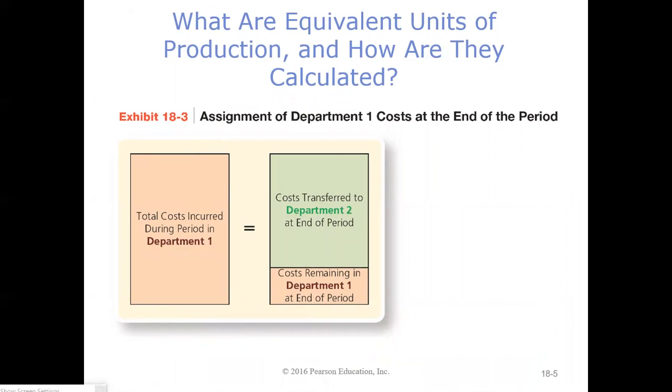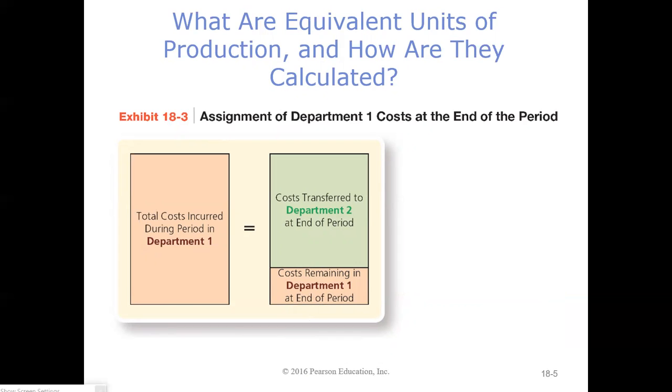This wins the obvious award, but the total costs that you incur during the period in Department 1 are going to have to equal any cost you transfer to Department 2 at the end of the period, plus any costs that are remaining in Department 1 at the end of the period.